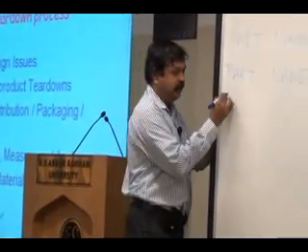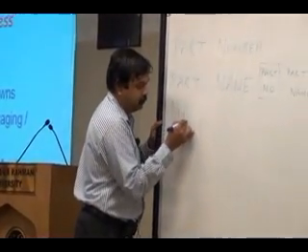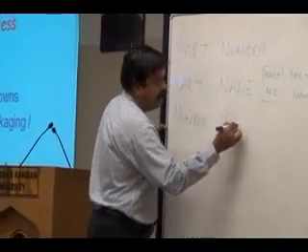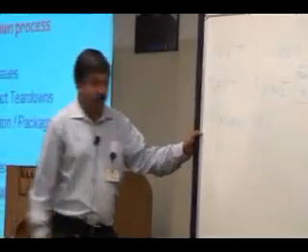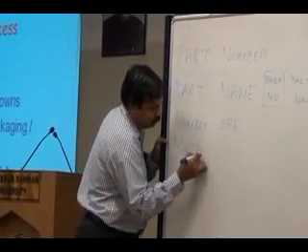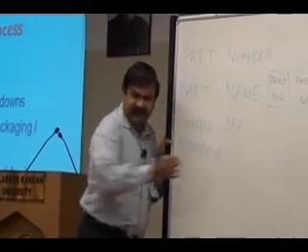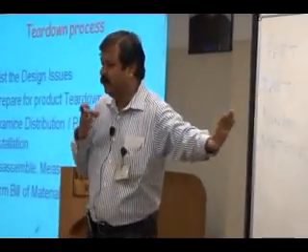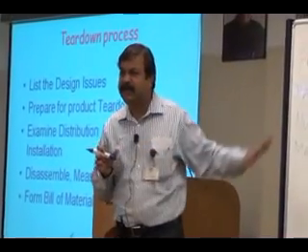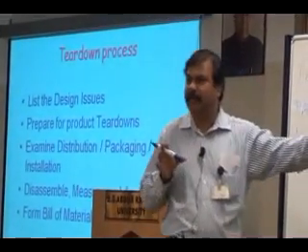The third column is number of. I'll explain what each is. And the fourth column is material. This is the simplest form for making the bill of materials.